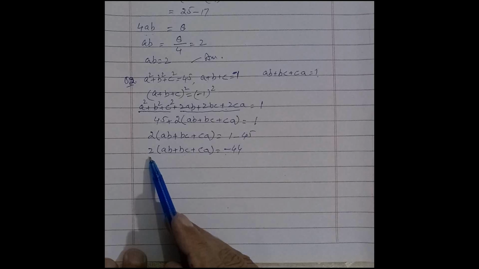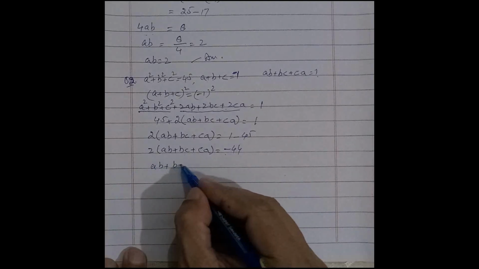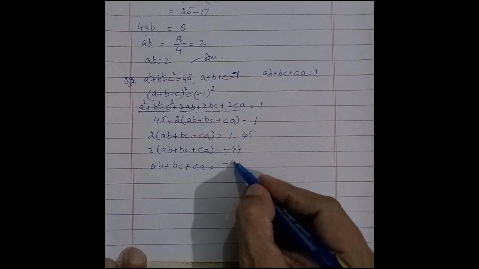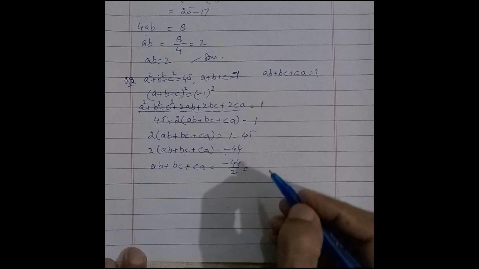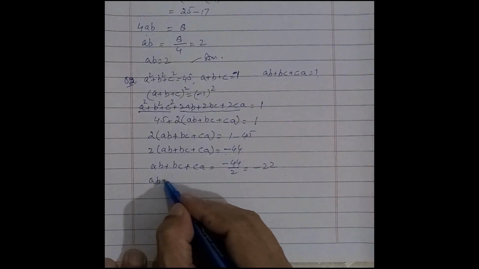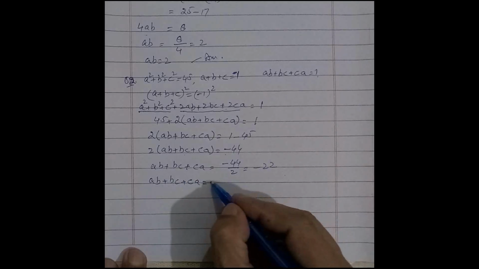Now we divide both sides by 2. We get ab plus bc plus ca is equal to minus 44 over 2, which is equal to minus 22. And the answer of ab plus bc plus ca is equal to minus 22.